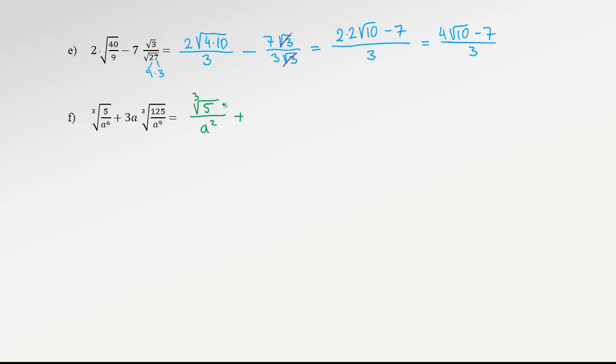Plus 3a goes into the numerator, and if we split the cubic root to the numerator and denominator, we have in the top cubic root of 125. But 125 is the third power of 5, right? It's a cubic number. So cubic root of 125 is just 5 over, and now cubic root of a to the 9. Again, division on exponential level is 9 divided by 3. It's 3, so a cubed is in the bottom.